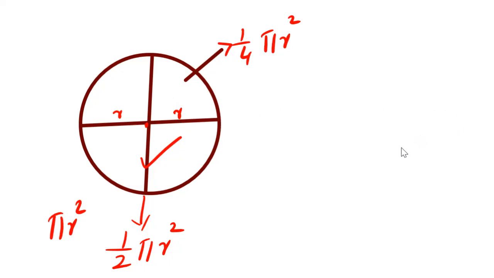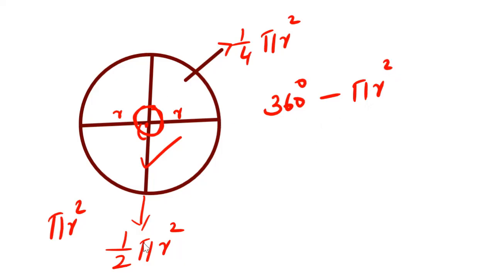So the area of the sector will be connected with the circle depending upon what kind of sector is formed. And the kind of sector depends upon the angle of the sector formed. The total angle is 360 degrees. For 360 degrees, the area of the circle is pi r square.